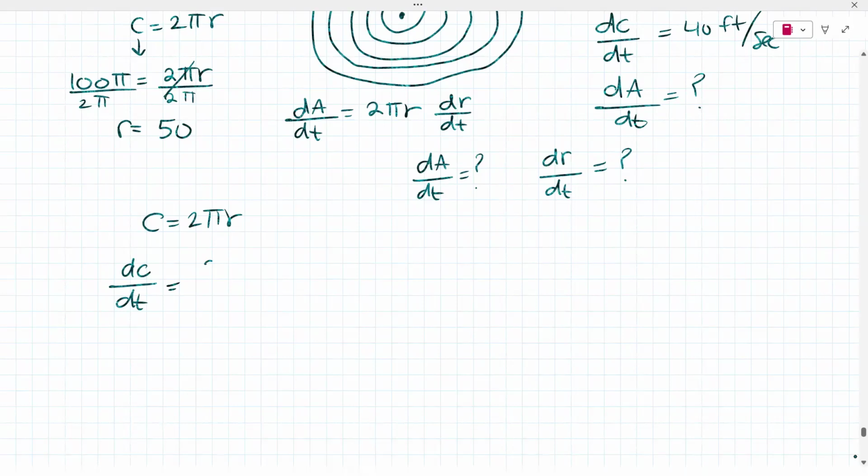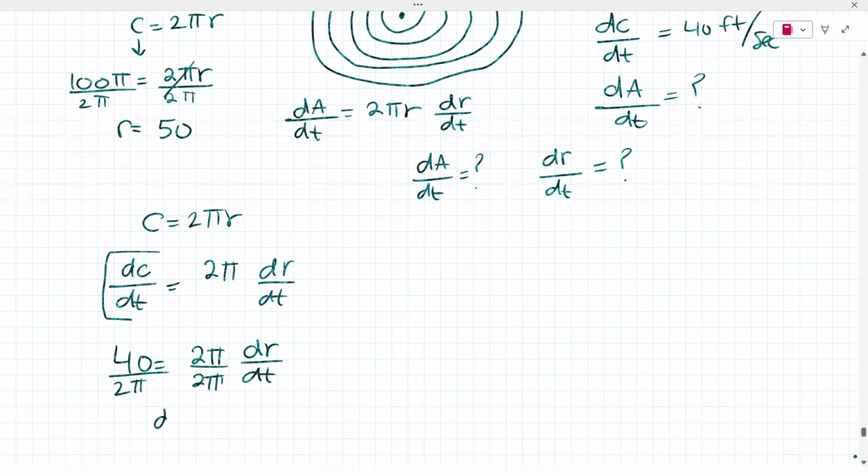It is just 2 pi, and then you add the dr/dt. But we know that dC/dt is 40. And then we can solve for dr/dt, so get rid of this 2 pi. So dr/dt is 40 divided by 2, which is 20 over pi.